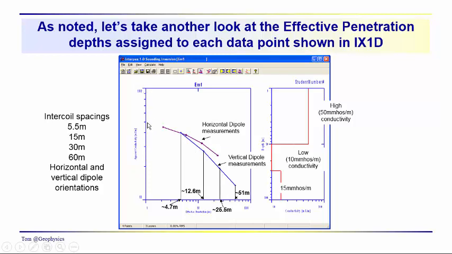So we're well within the appropriate operating range for the EM31 and the EM34. The question here is, what are these effective penetration depths? Where do they come from?